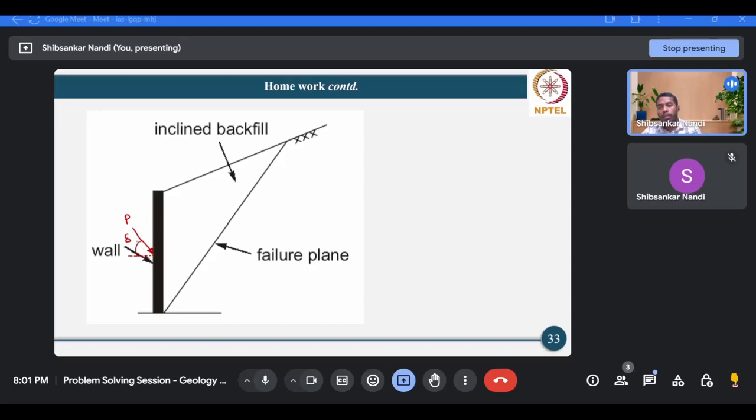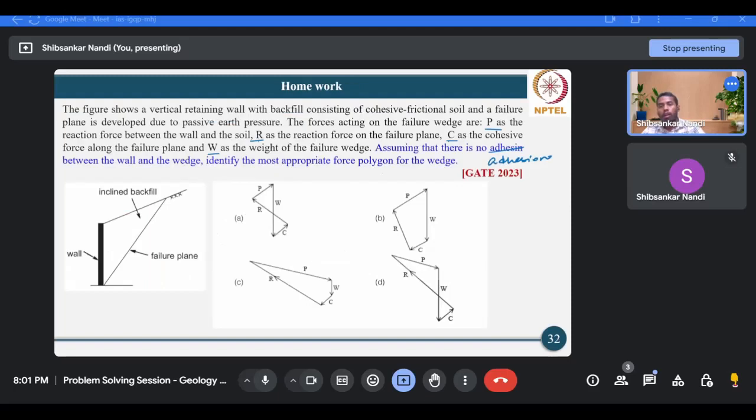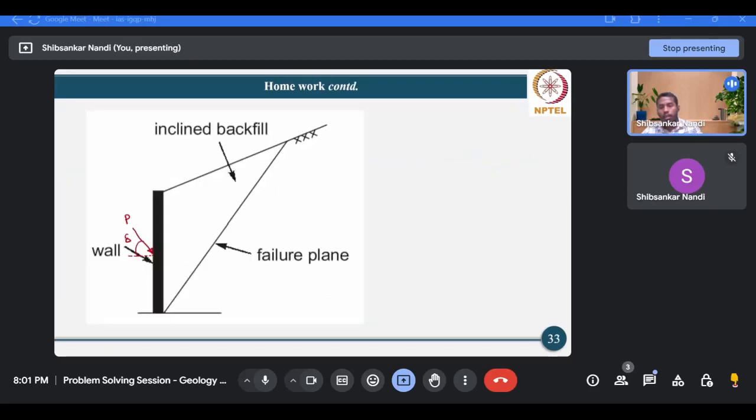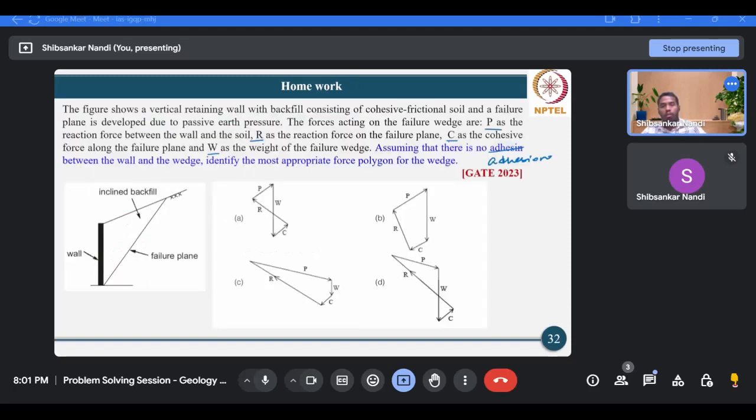It is acting above the normal at an angle delta to the normal, and this delta is nothing but the wall friction angle. So this is one force.